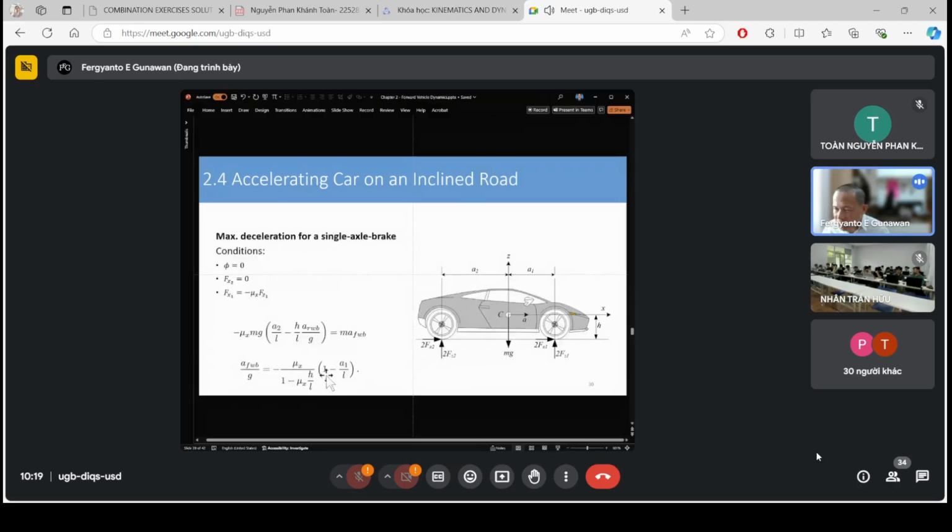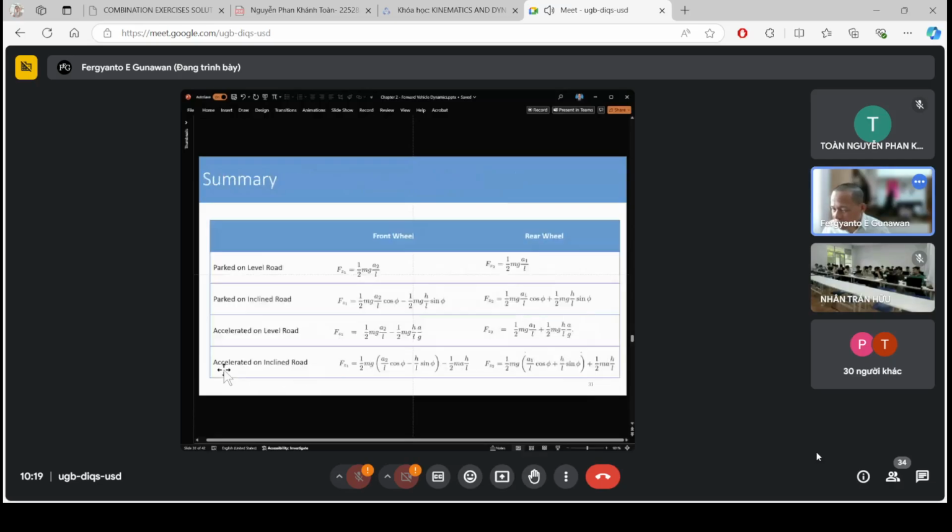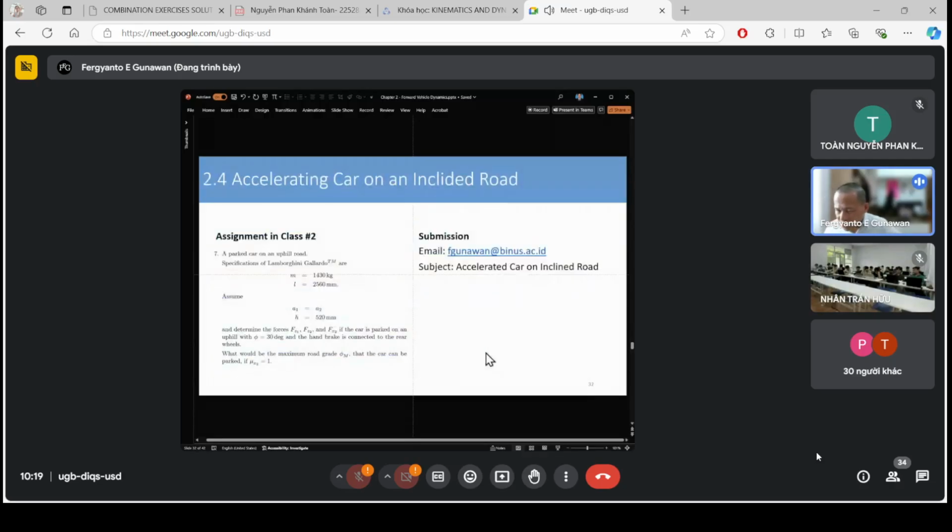And the maximum deceleration for a single axis brake is given here, if you have only a single axis vehicle. Okay, so please take your time to solve this problem.